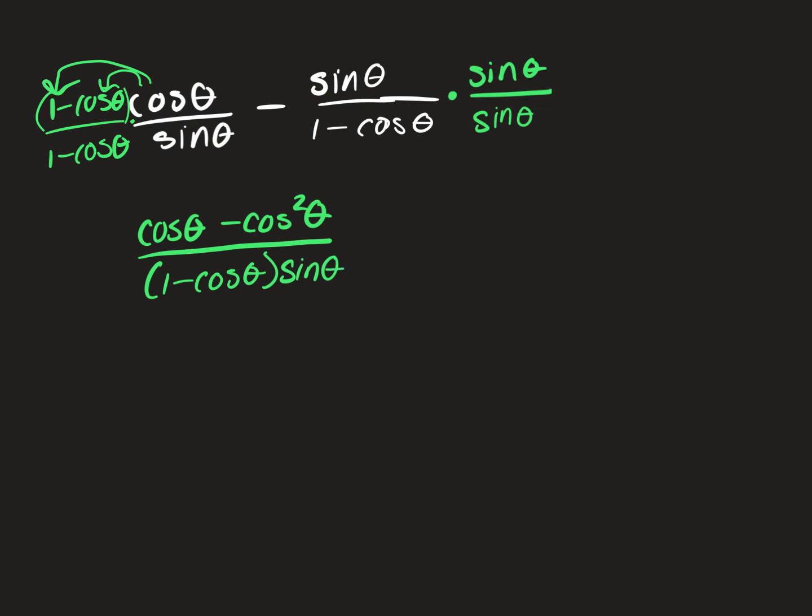We might need to do something with that later, but I'm not worried about it at the moment. Then for my second fraction, sine times sine is sine squared. So then I get that.